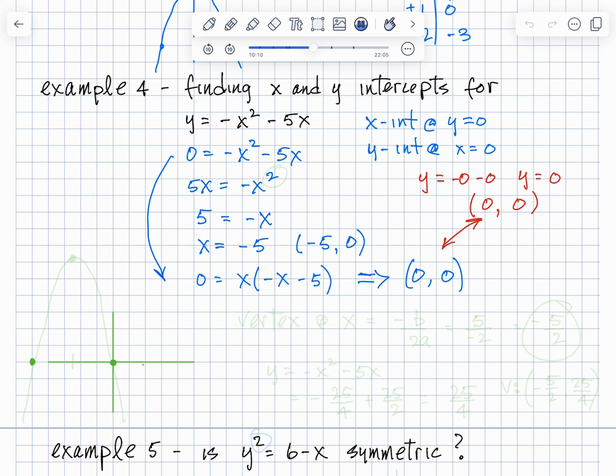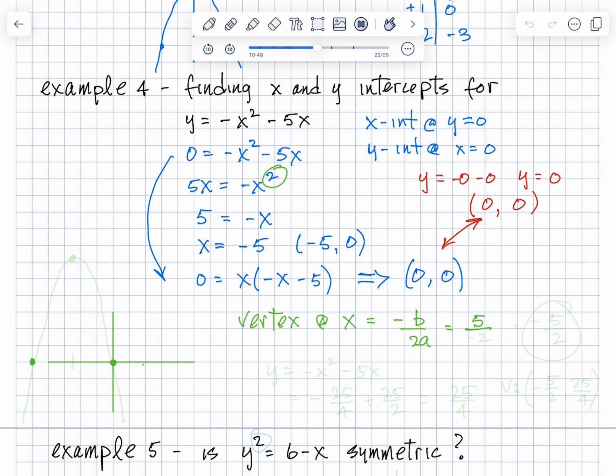So we remember that the vertex, because this is going to be a parabola, we know that because it's an x squared term, is at x equals minus b over 2a. Probably remember that from your work in parabolas. Well, the b is negative 5, so minus negative 5, we have 5.